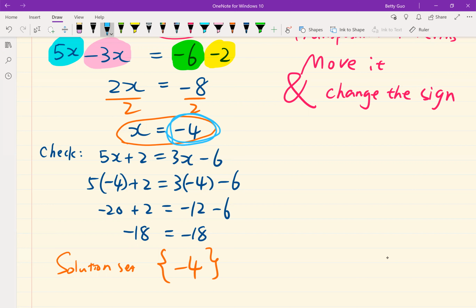You see negative 18 here because when we check, we eventually got negative 18 equals negative 18. That is not the solution, okay? People made that mistake as well for some reason. Knowing your solution, the value of x you found earlier is negative 4. You checked negative 4 is correct, so you put negative 4 in the set. That is the solution set.